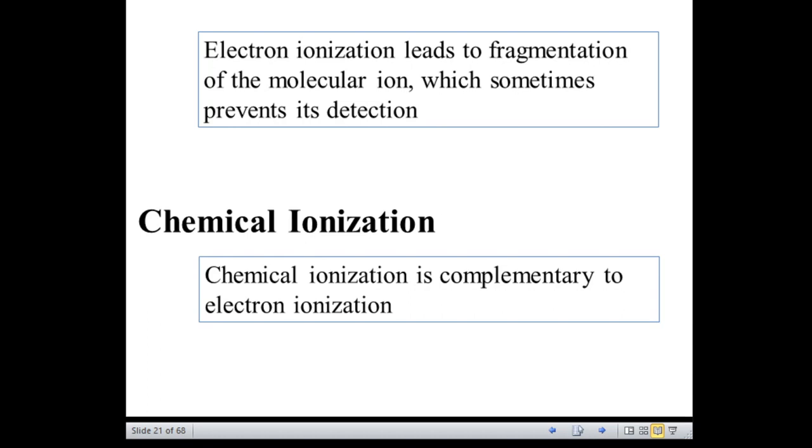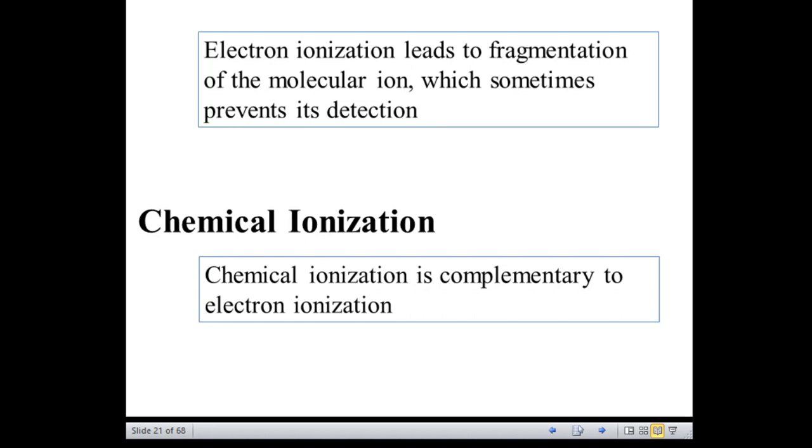So in comparison to electron ionization, we have other techniques, that is chemical ionization. This is a technique that produces ions with little excess energy.